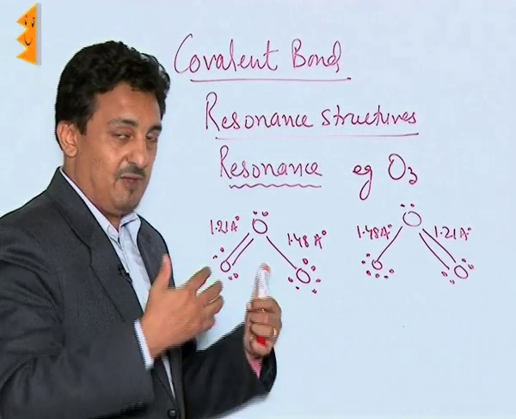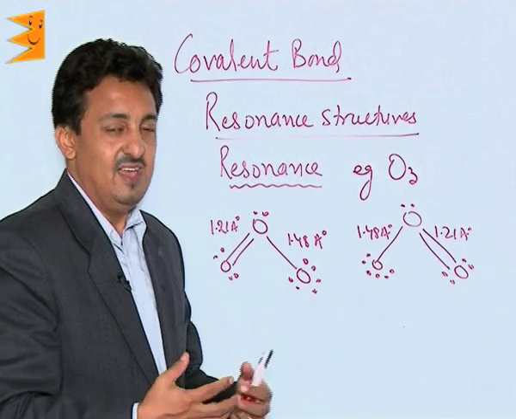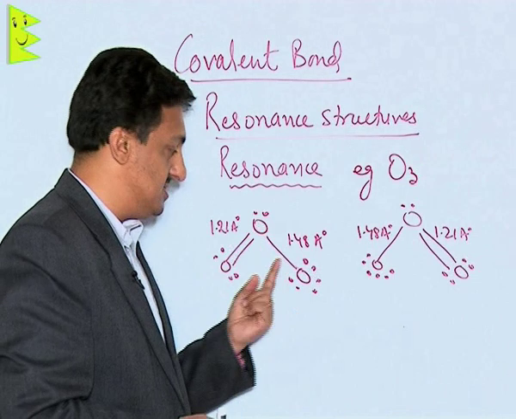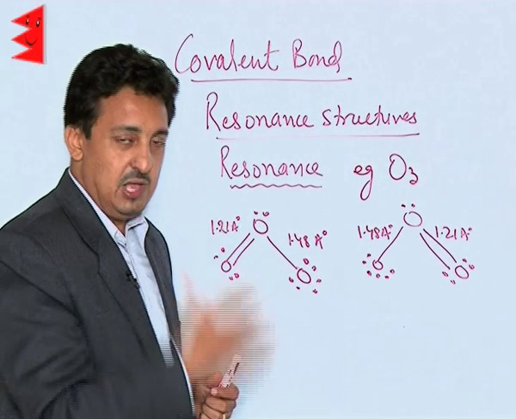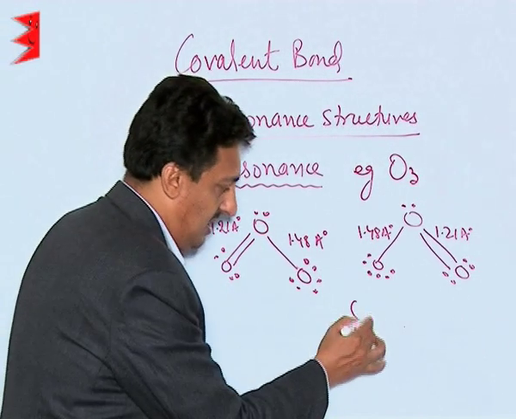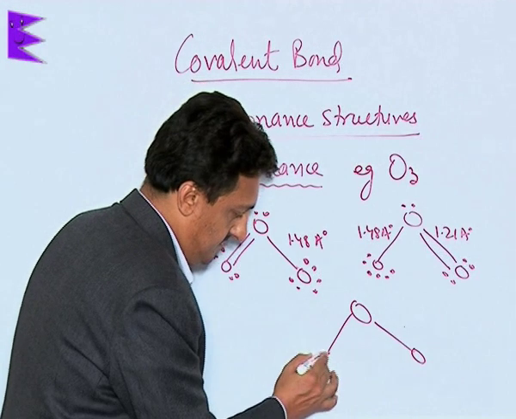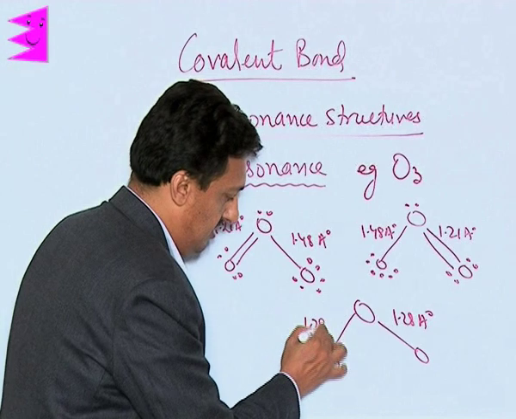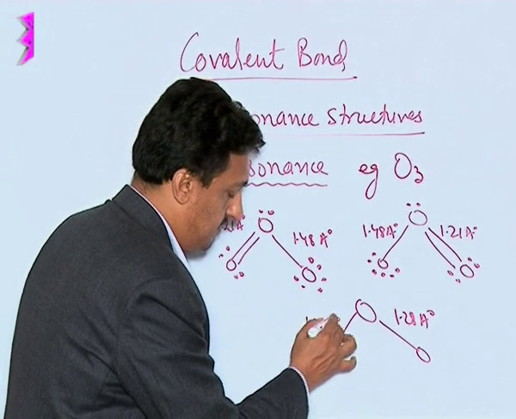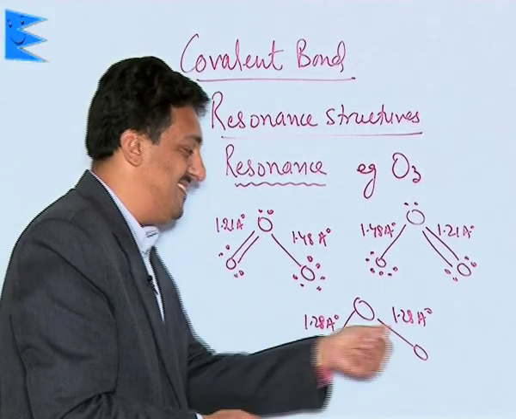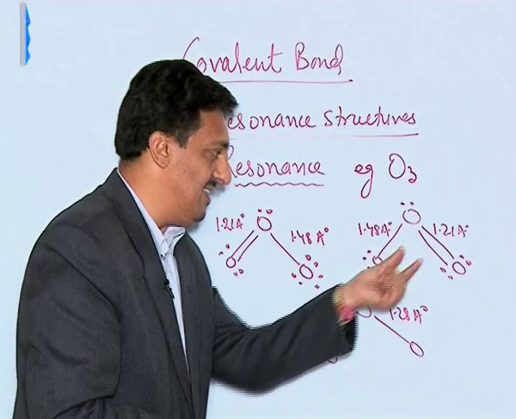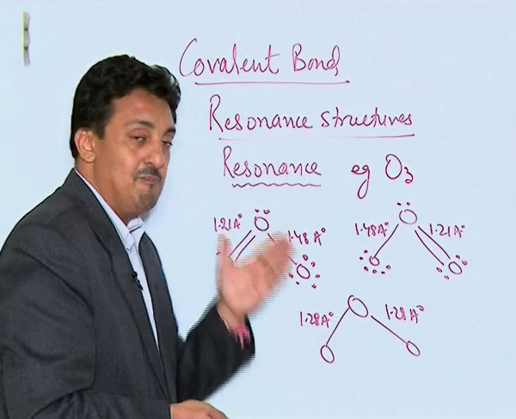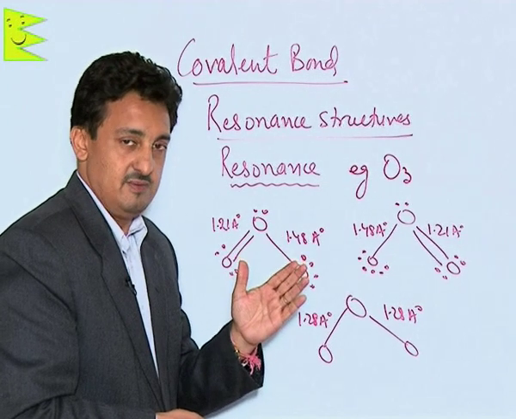But to our surprise, what we find by X-ray crystallography is that both the bond lengths of the oxygen are the same, of equal length. They are all 1.28 Angstrom units long. Now this 1.28 suggests that these bond lengths are neither single bond length nor double bond length. So we call them partial double bonds.